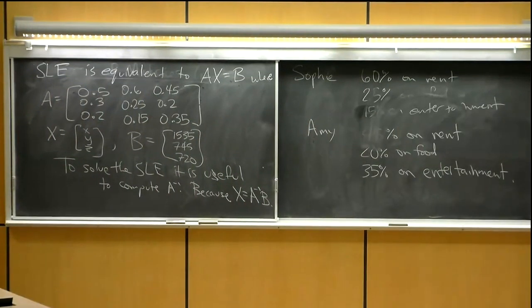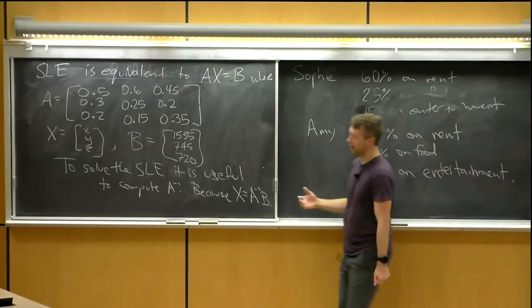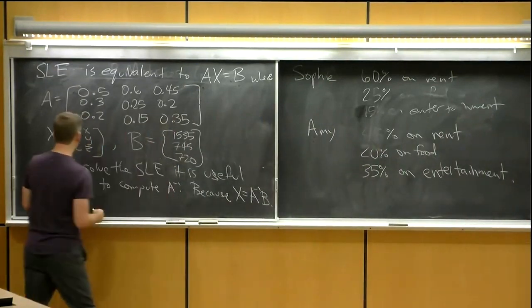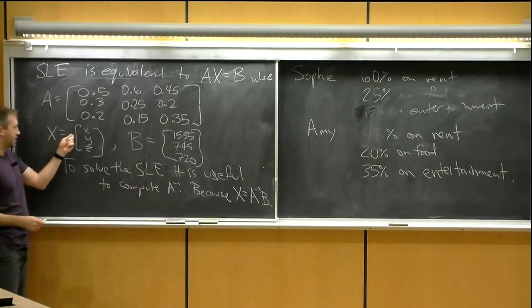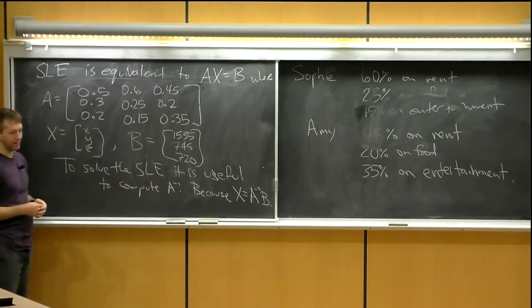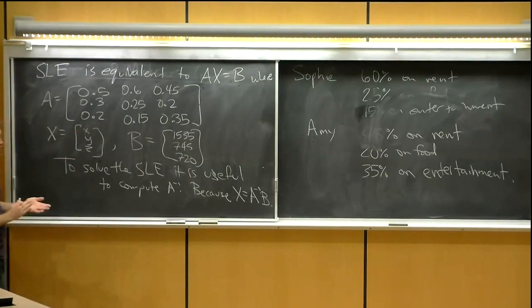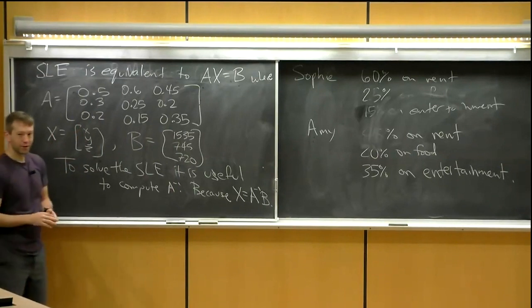That gives me my first equation. So this is just a way of rewriting the same thing as before. You want this capital X to contain your three variables. Any other questions?